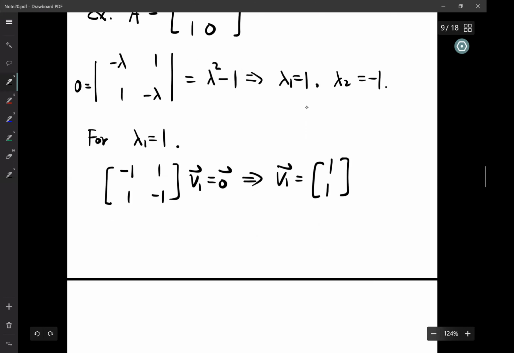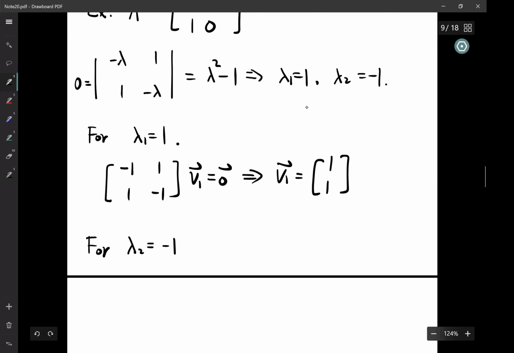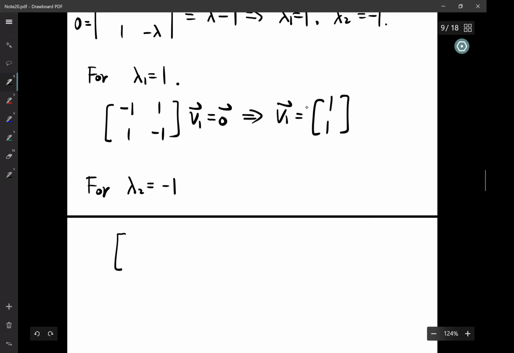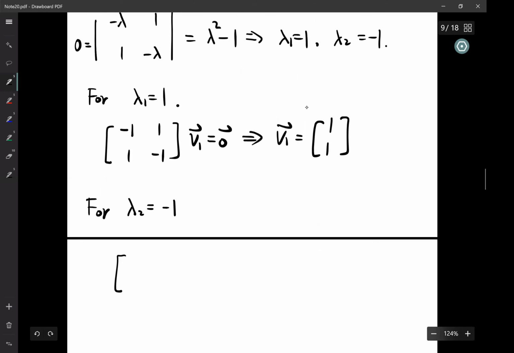And for the other one, lambda 2 equal to minus 1, it becomes 1, 1, 1, 1, very similar to the example we had before, equal to 0. And this is V2 equal to 1, minus 1.